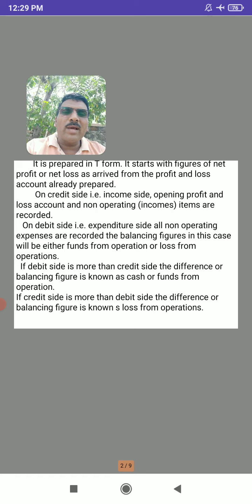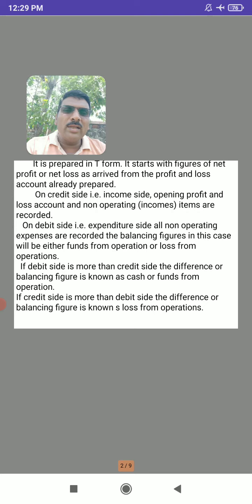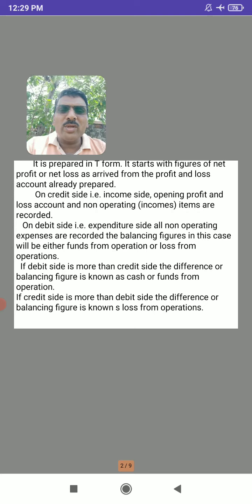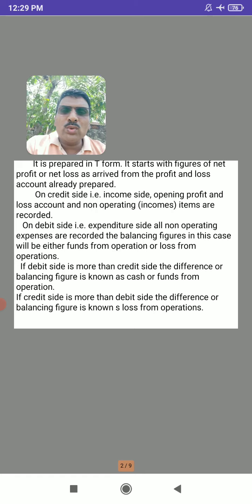The opening balance of the P&L account we get from the P&L account or from the information given in the problem. So first you have to take the opening balance of the P&L account and non-operating incomes, and you have to record these two things on the credit side or income side of the adjusted profit and loss account.